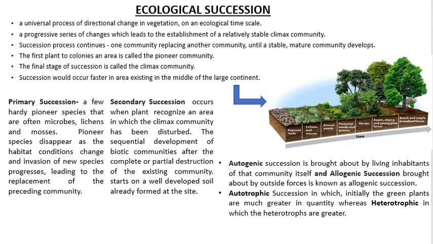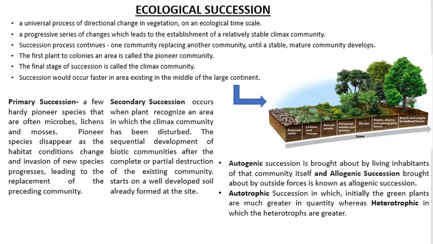Pioneer species disappear as the habitat conditions change and invasion of new species progresses, leading to the replacement of the preceding community. In secondary succession, the plants recolonize an area in which the climax community has been disturbed. The sequential development of biotic communities after the complete or partial destruction of the existing community starts on a well-developed soil which has already formed at the site.